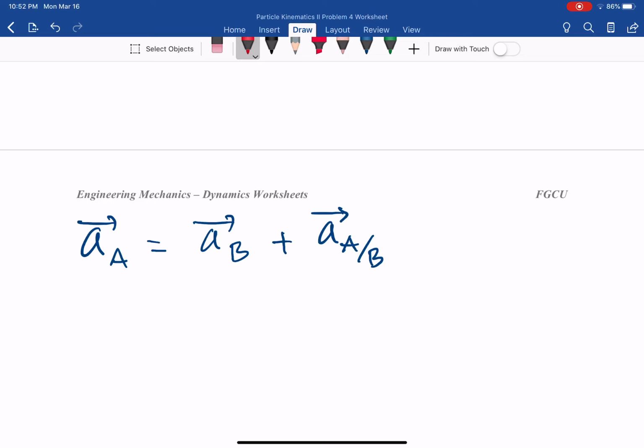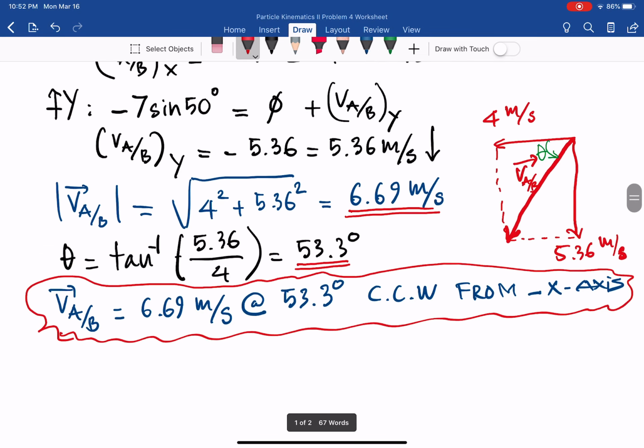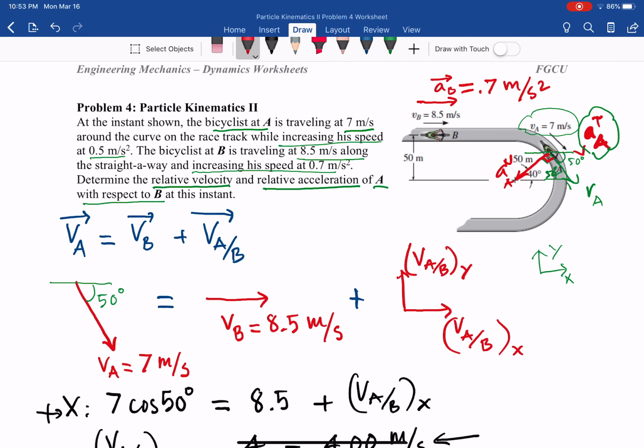So let's draw the kinematic diagram. At A, curvilinear motion, we have two components. The first one, let's draw with the tangential component. What is the tangential component? It will be 0.5 meter per second squared, and the angle is the same as at the V_A, 50 degrees from the horizontal.